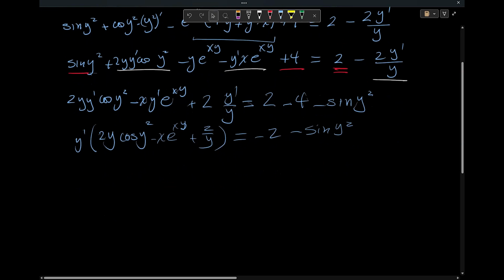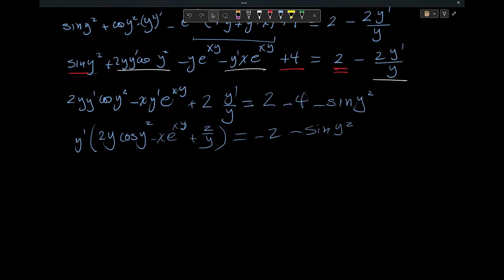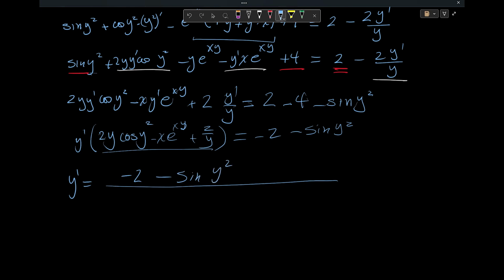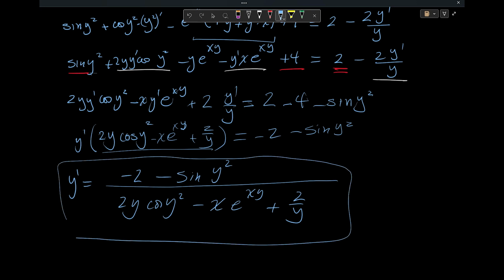So I can divide everything by this right here. So I have negative 2 minus sine y squared over 2y cosine y squared minus x e to the xy plus 2 over y. There it is. There is y prime as a function of x and y.